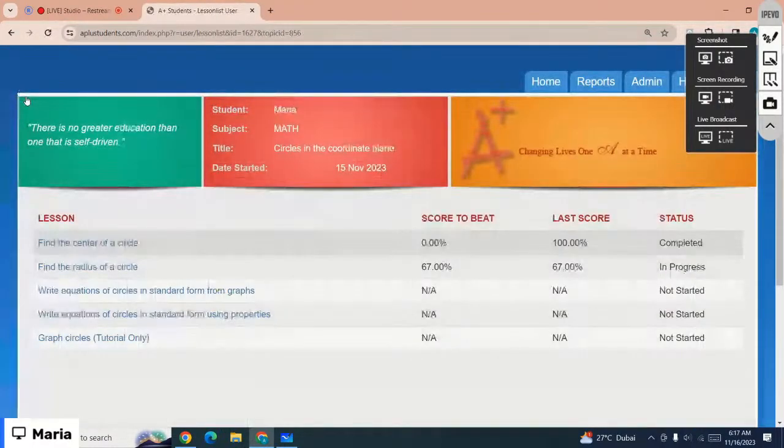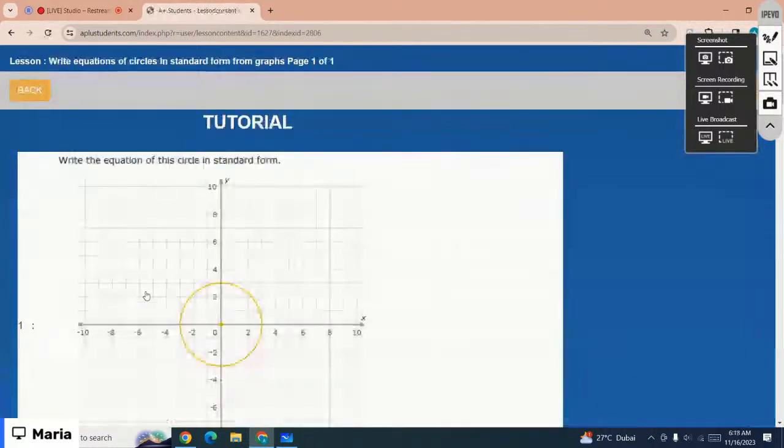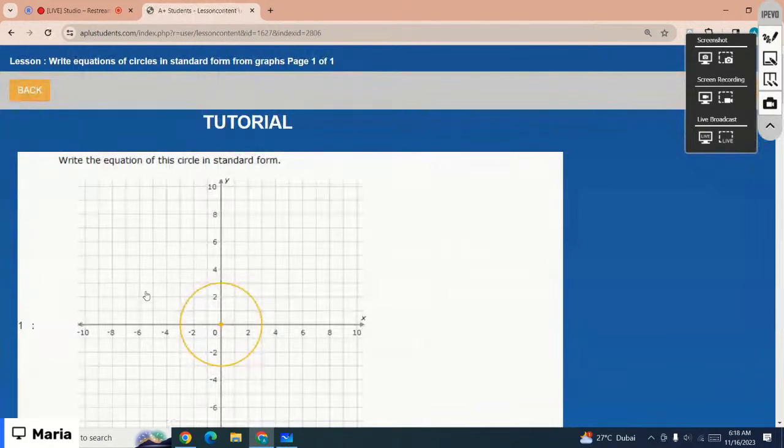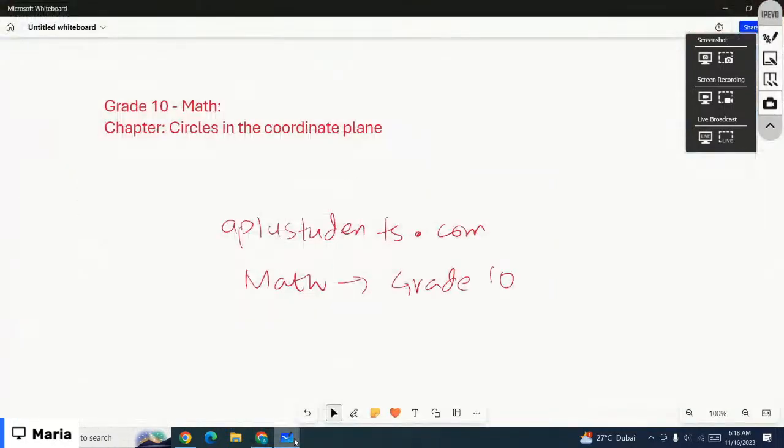Write equation of circles in standard form from graph. So you are given the graph. You have to write down the equation of the circle in standard form, right? The equation of a circle in standard form is (x minus h) whole square plus (y minus k) whole square equals r square.